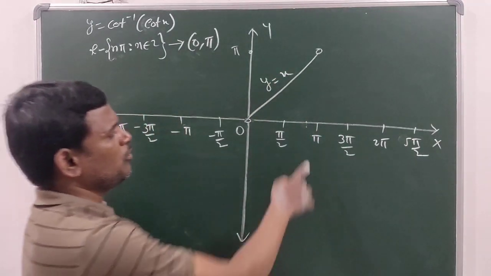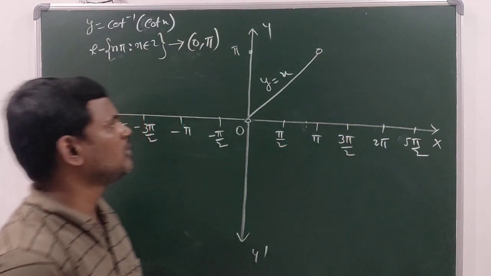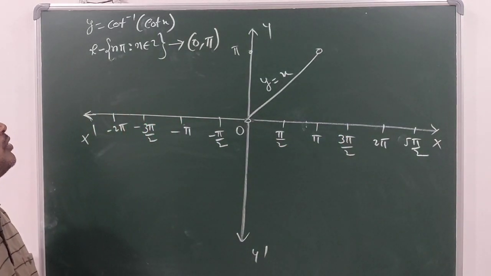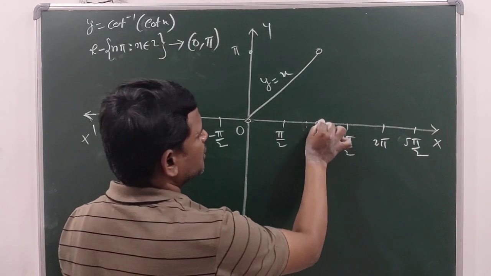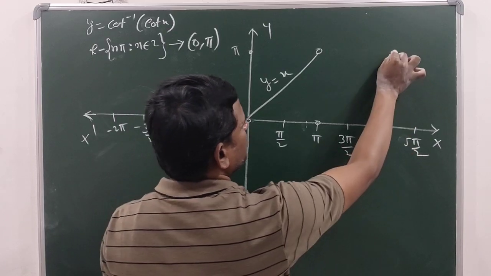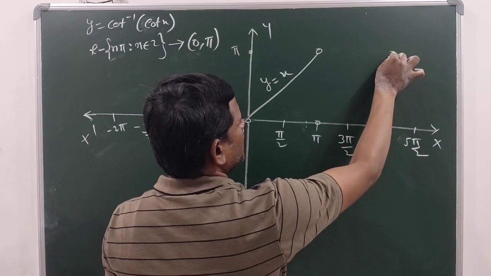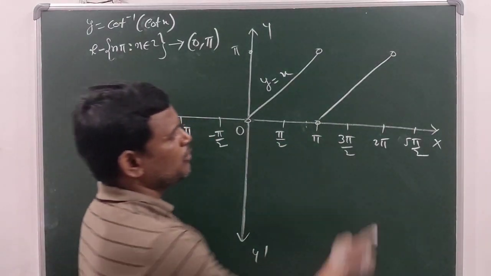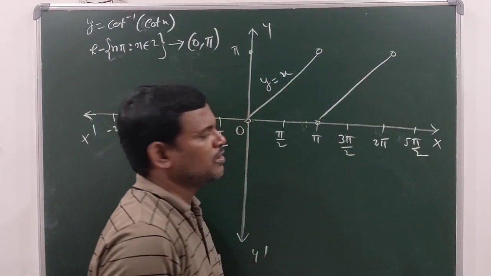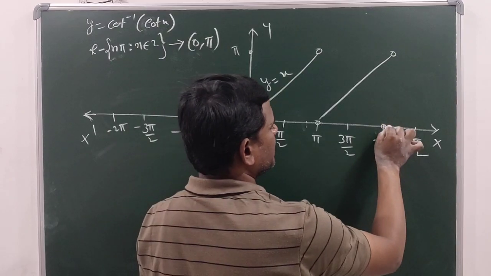Okay. And now pi to 2 pi. Tell me students, how do you get pi to 2 pi? Pi is not included, 2 pi is not included. So you get the graph like this. And 2 pi to 3 pi, open circle.